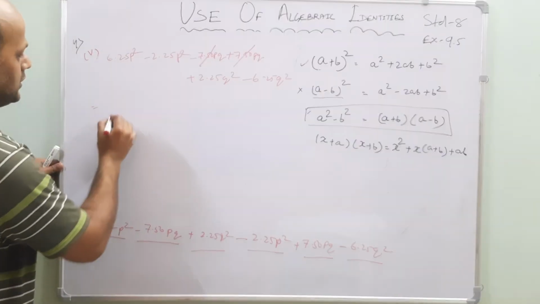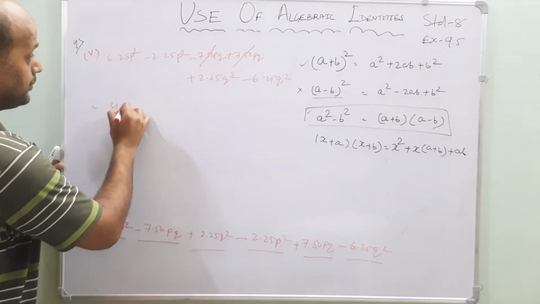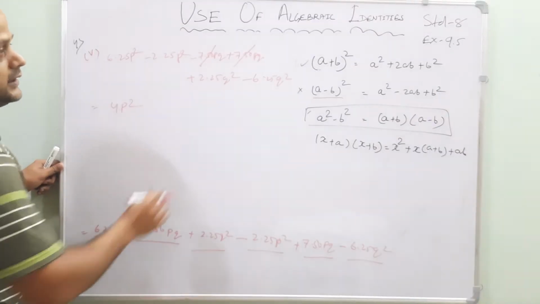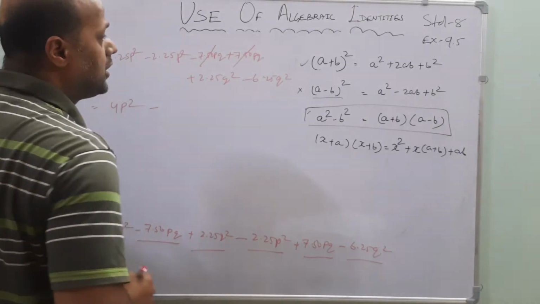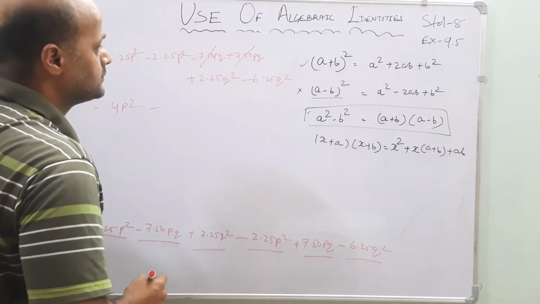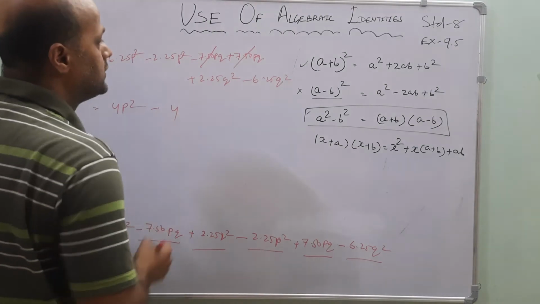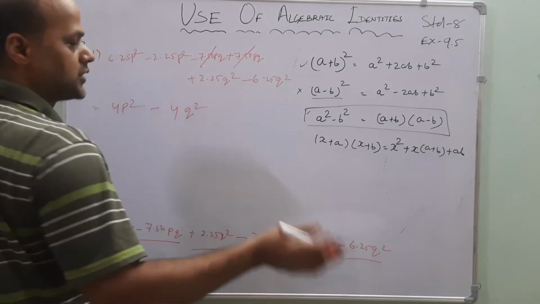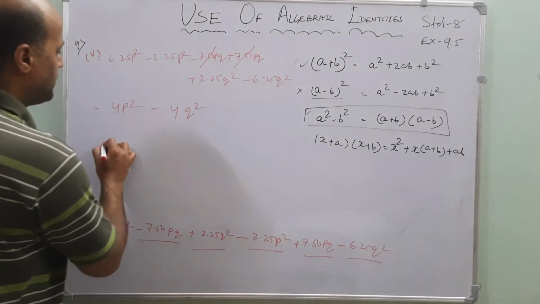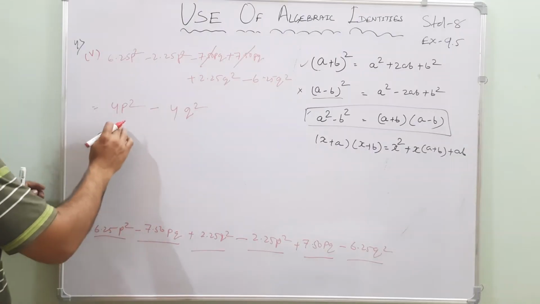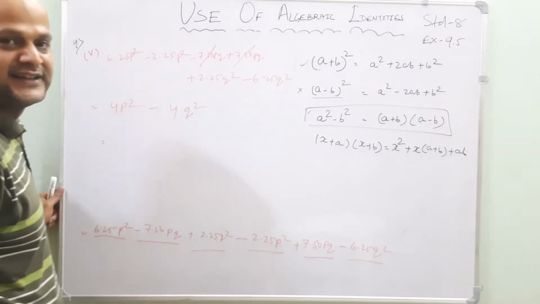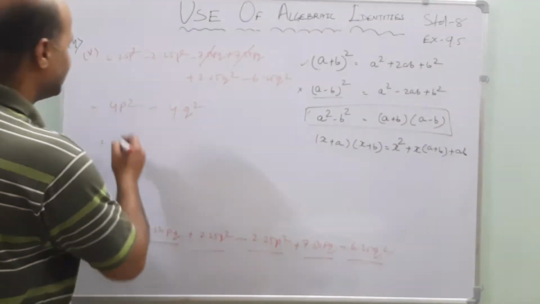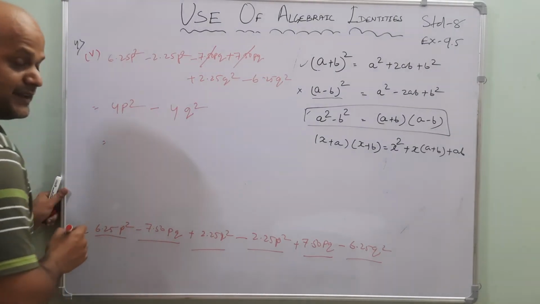Now solve this one. 4 p square minus of what? 4 q square. Yes or no? You can solve it, my dear friends. Now just tell me. Again, a square minus b square formula has come here. What is that? Tell me.